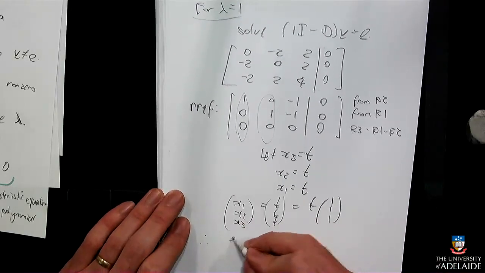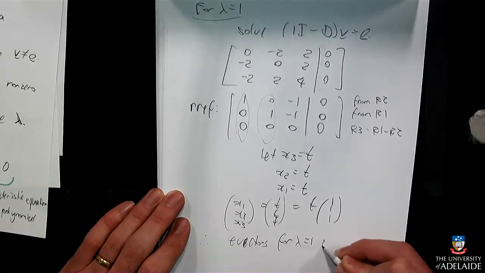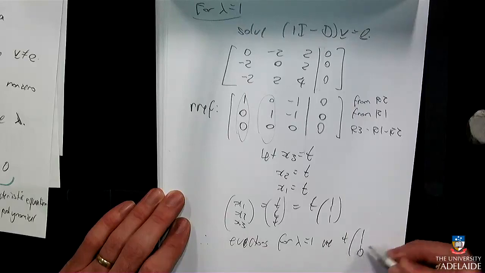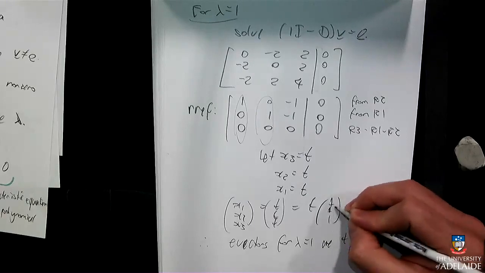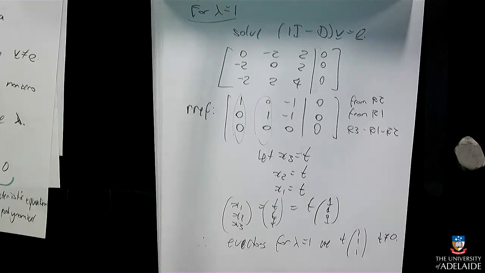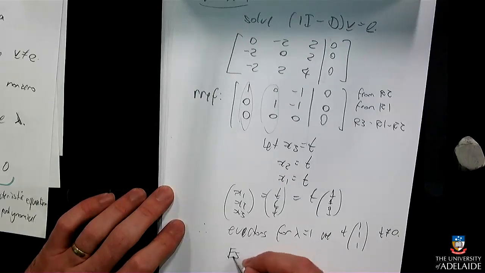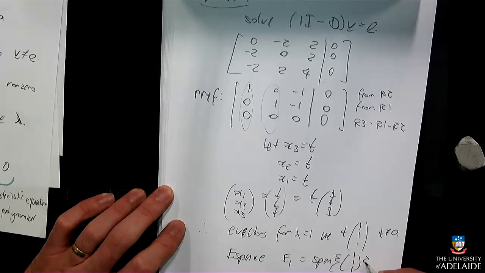So therefore, the eigenvectors for lambda equals 1 are t times (1, 1, 1), with t not equal to 0. Now, that's not an underlined 0 because t is a number. Woohoo! And just for completeness' sake, the eigenspace E1 is the span of (1, 1, 1).